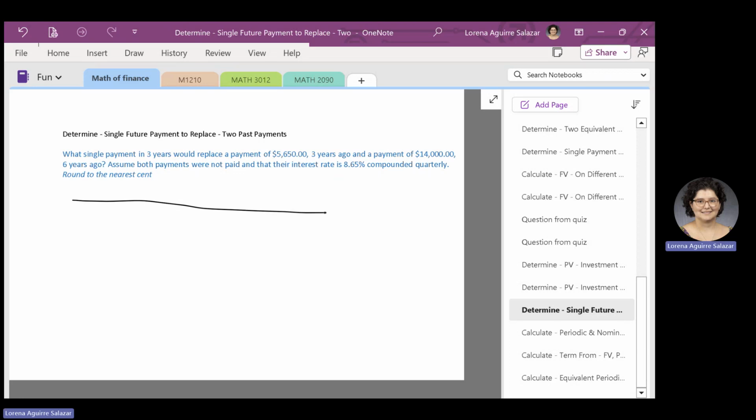So here we have a timeline, and here is the present moment. Here we are right now, and according to what the problem says, we want to know about the payment that will settle two payments in 3 years. So we need to know what happens 3 years from now. In 3 years.